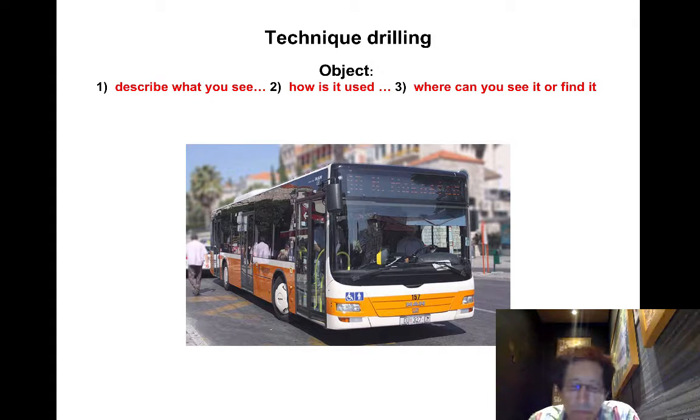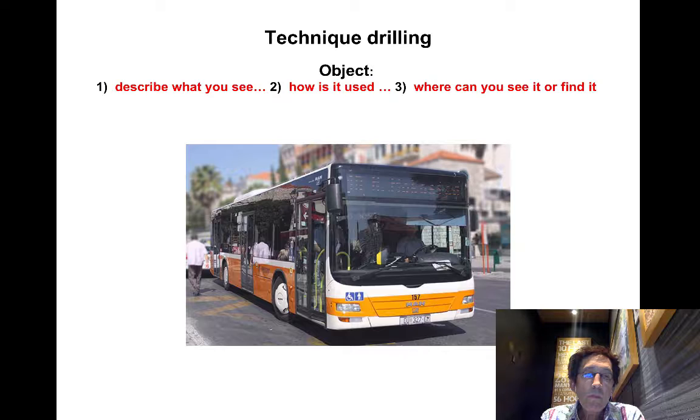Okay, next page, page 6. This object is like a box. It has a lot of wheels, and it's also a vehicle, and we can take this object to school or for work.